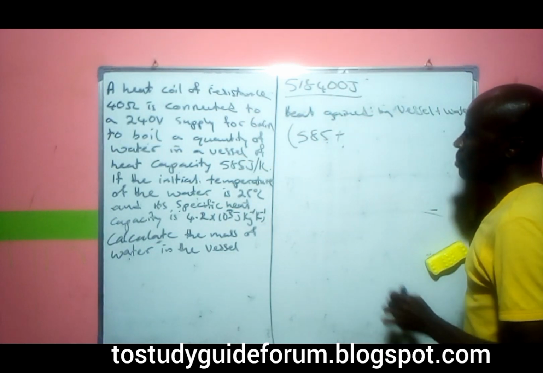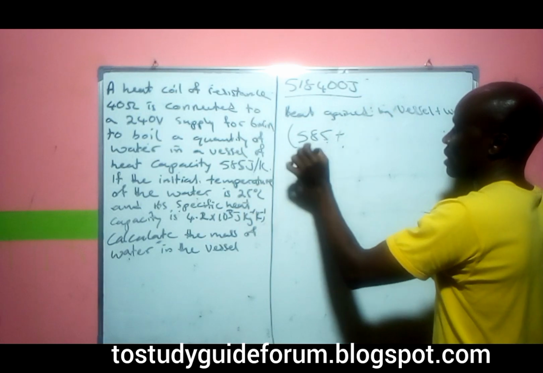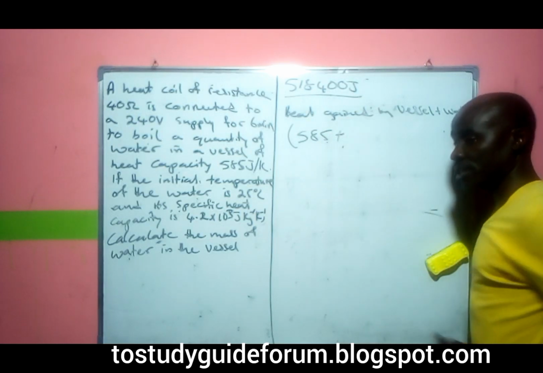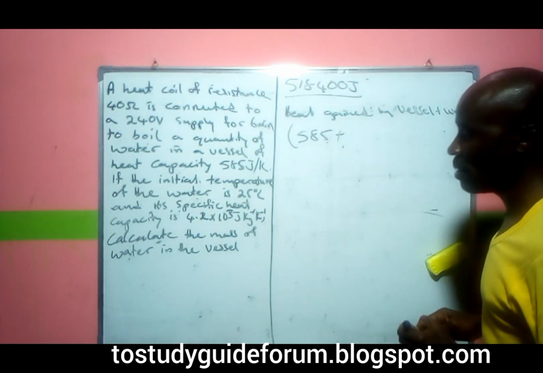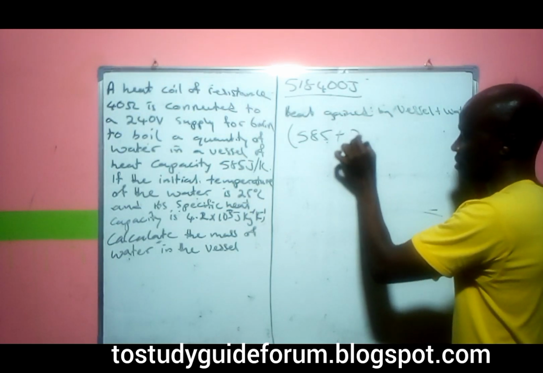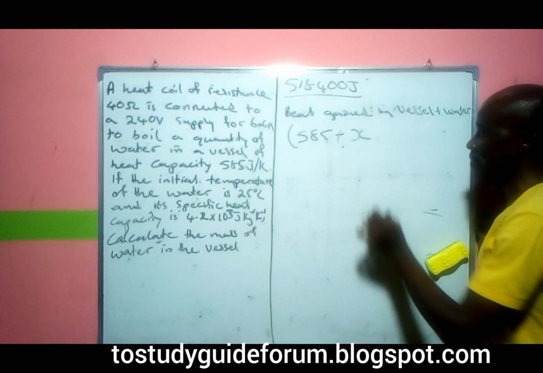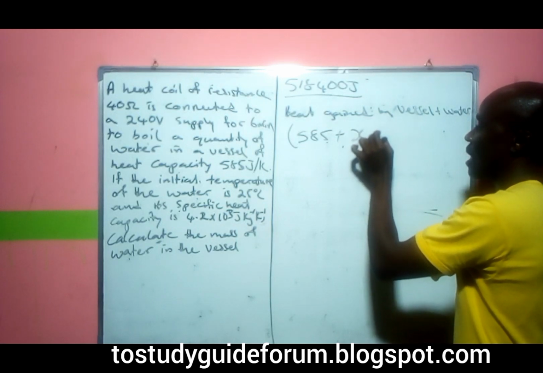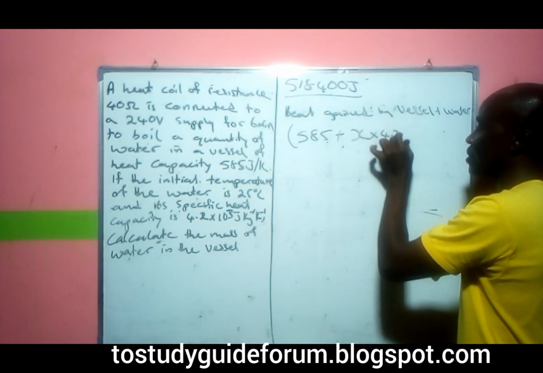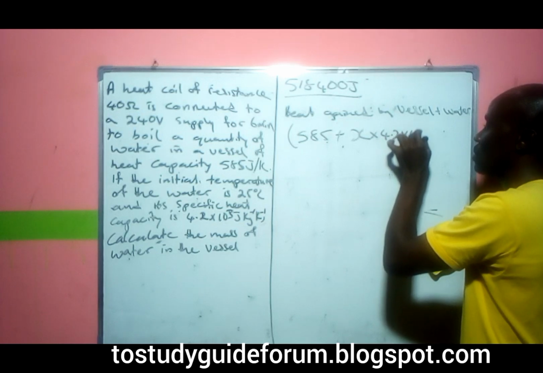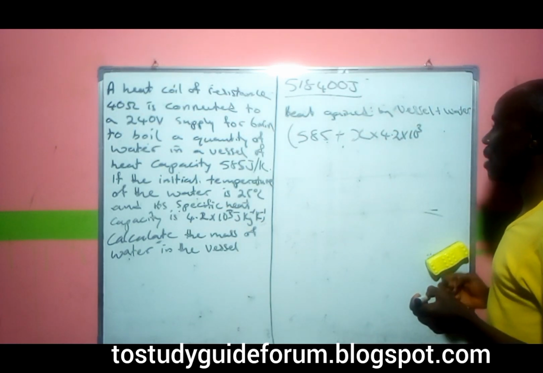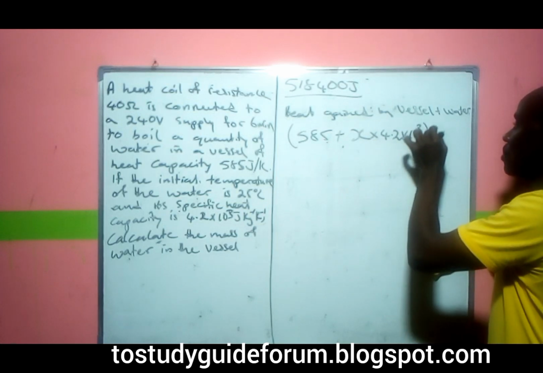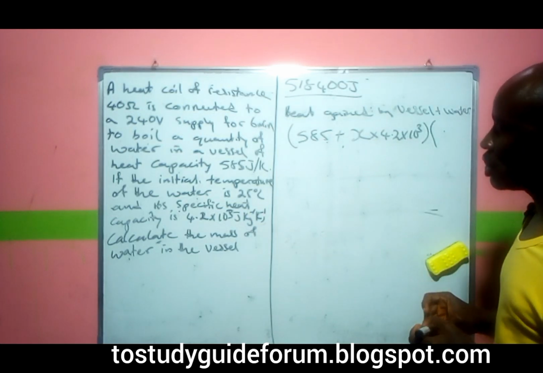plus, we can call the mass we are looking for, the mass of water, x. X is the mass of the water we are looking for, times the specific heat capacity of the water, which is given to us as 4.2 times 10 raised to the power 3, multiplied by the change in temperature.